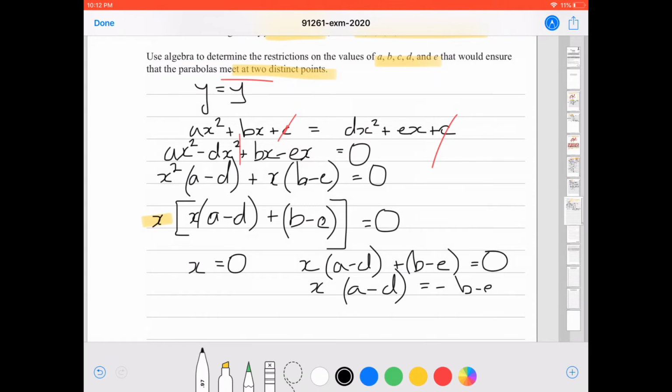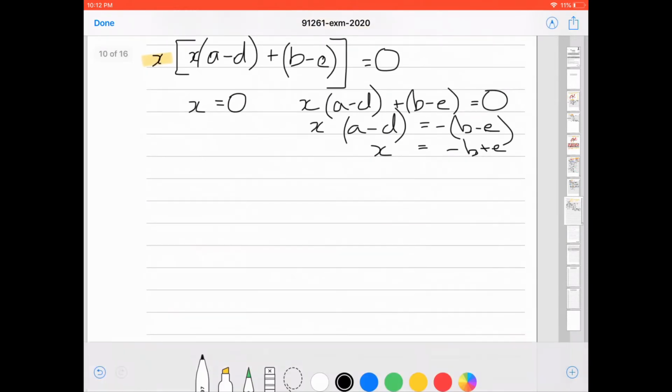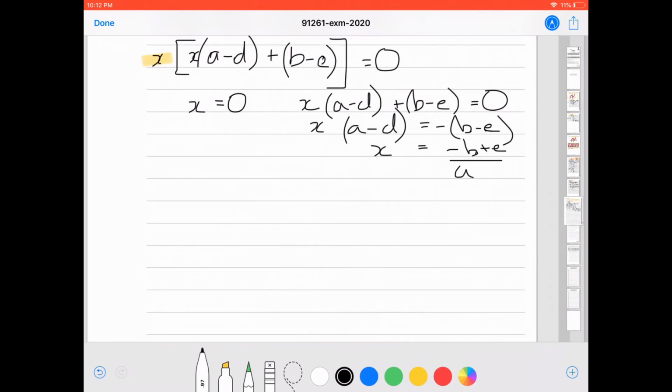You don't necessarily have to keep it in brackets; I have just for the sake of consistency here. We'll expand the brackets in a moment. We've got x equals minus b plus e, all over a minus d. Just tidying it up, we can say e minus b, so just putting the positive numbers first, over a minus d. So these are our two values for x.